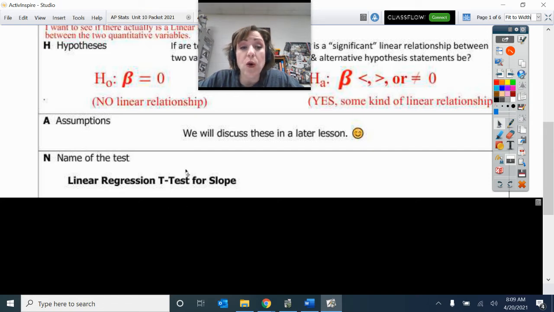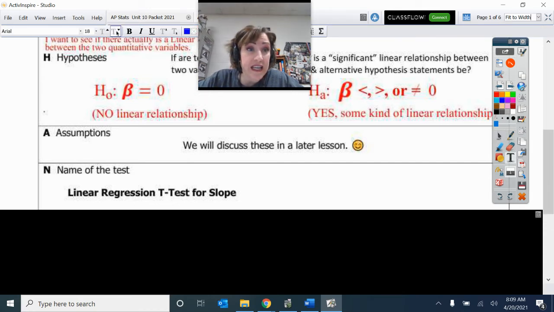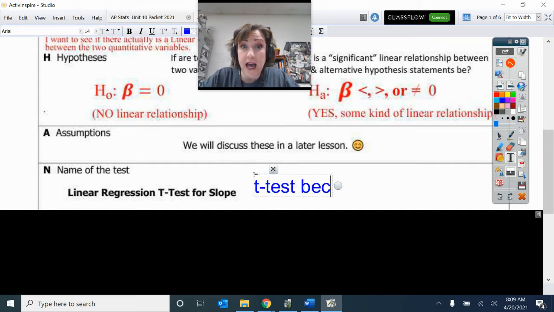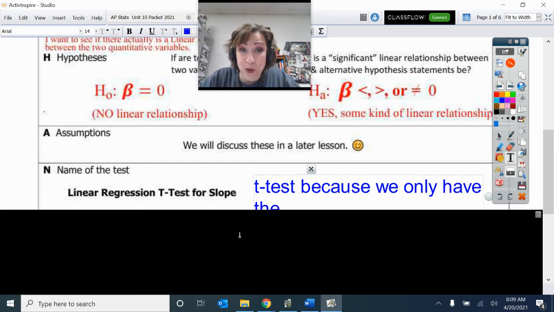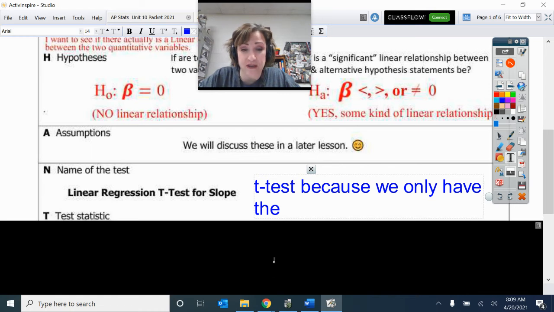Now let's recall why t-tests. Remember that t-tests are being used because we only have the sample's standard deviation. Okay?